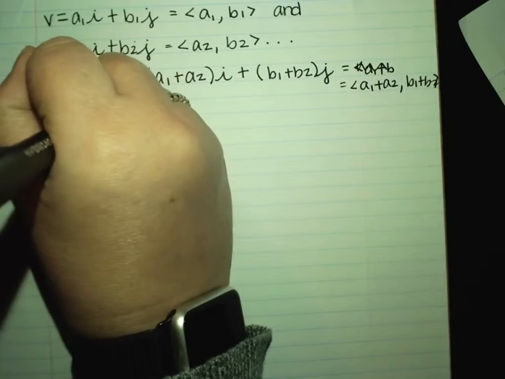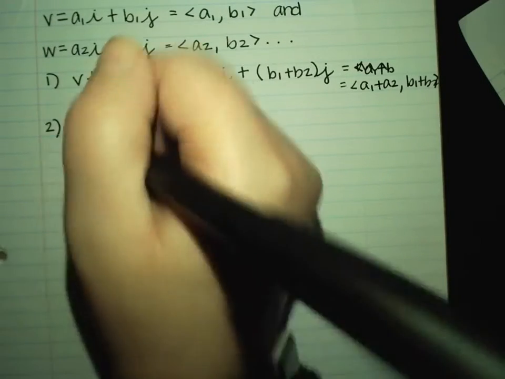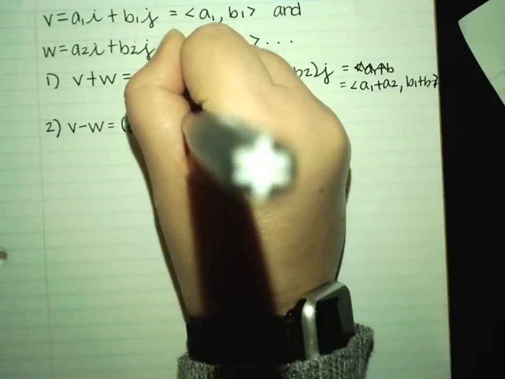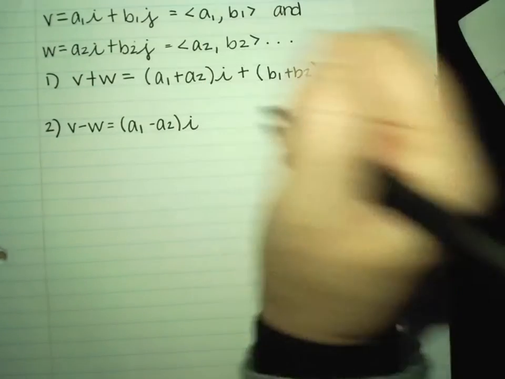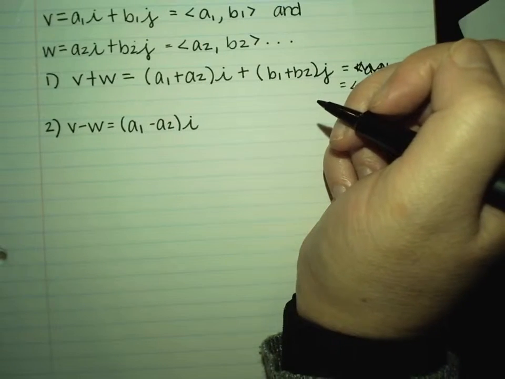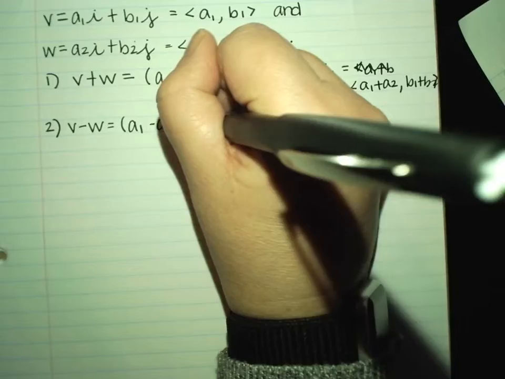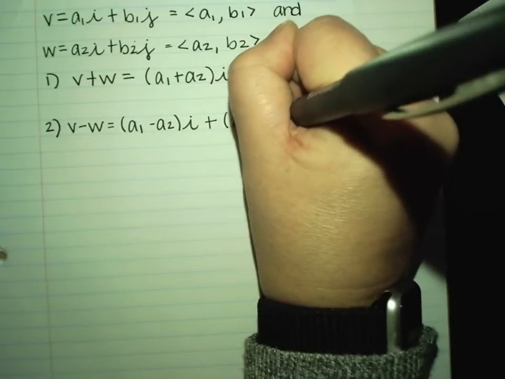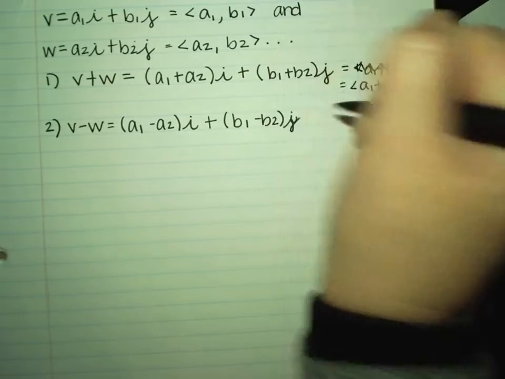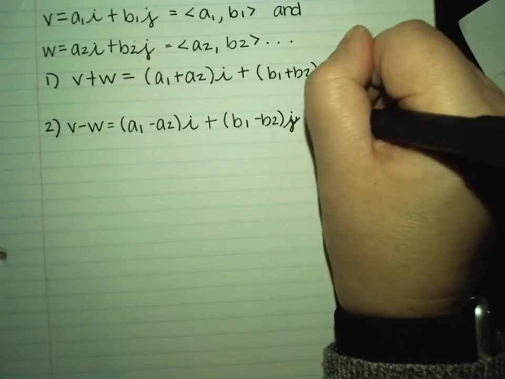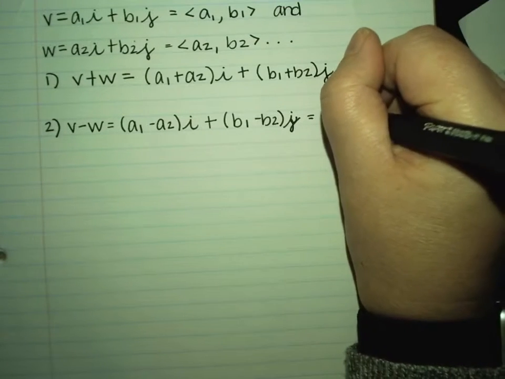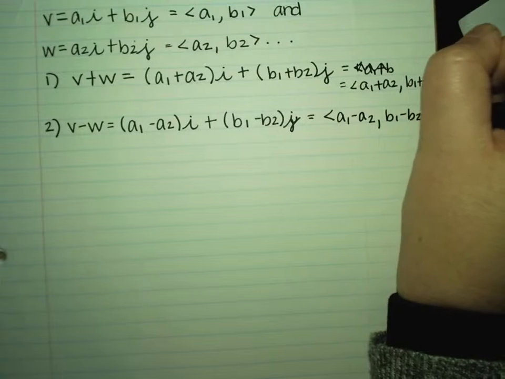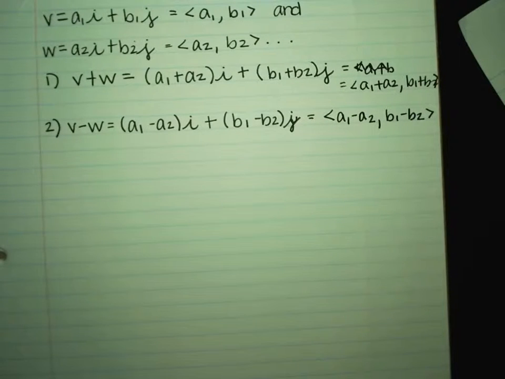Number 2, we can subtract V minus W. So A1 minus A2 I, which is just A1 minus A2, comma, B1 minus B2.